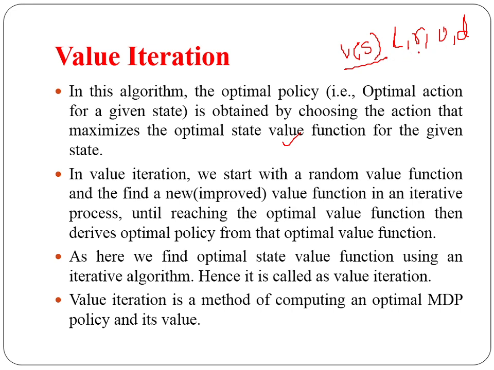If R gives the maximum, then I have to choose this action. So R is the optimal action here. So here we are finding the optimal state value function using an iterative algorithm. An iterative algorithm is a repetitive algorithm, so every time you have to repeat this. The value function for each state has to be repeated for all the actions.